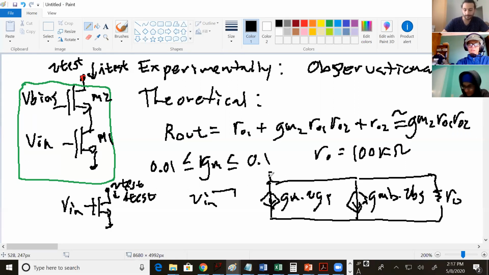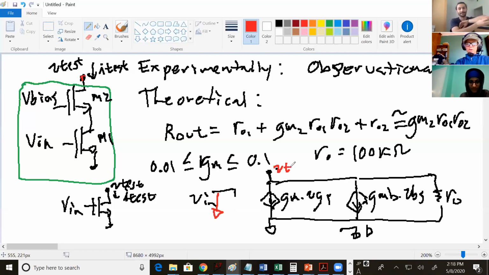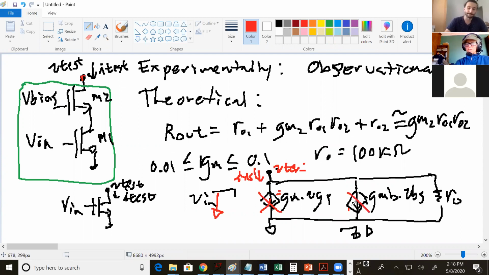And now we're considering this the output. The source would be grounded, bulk's grounded. Again, I'm rushing through this, so ask me at another time if you have questions. Since this gets grounded and we're looking at the V out here, your VS goes to 0, and your VBS is 0.